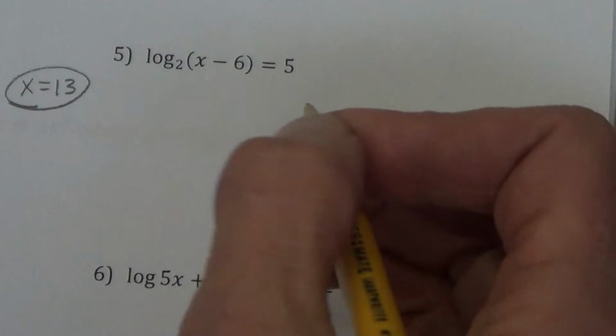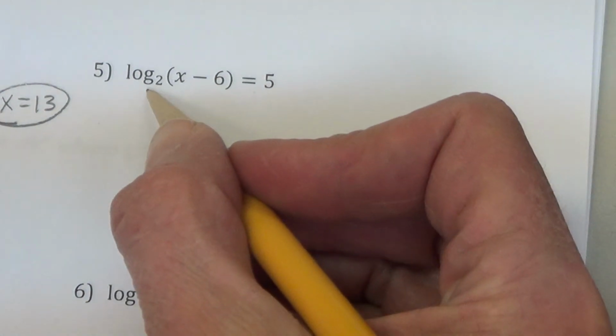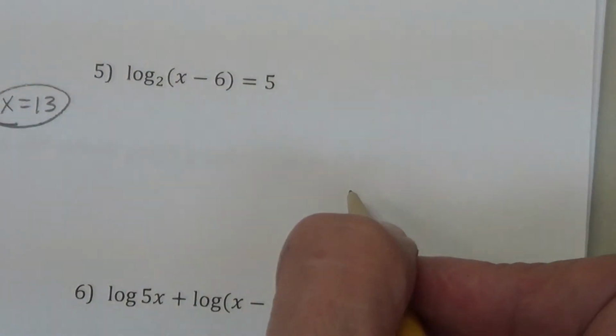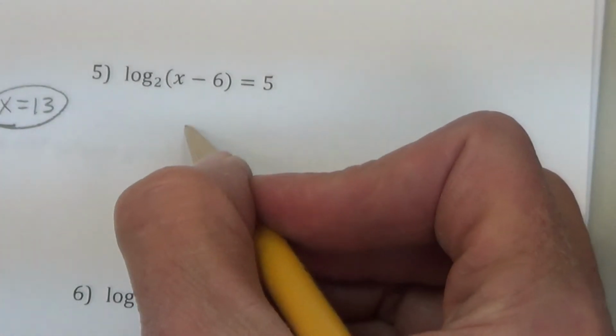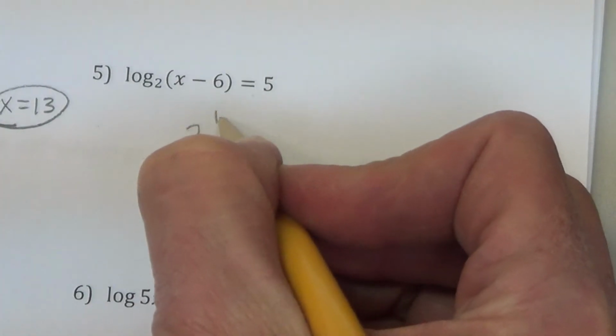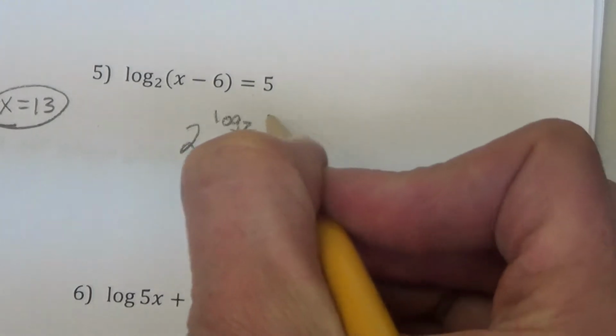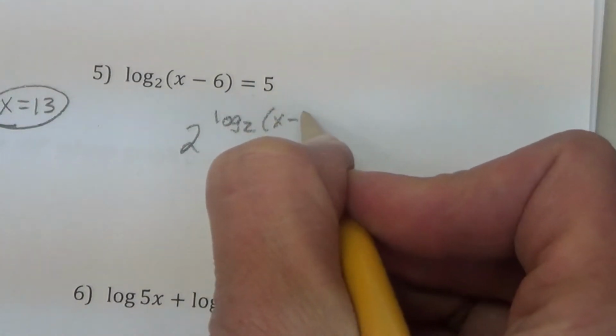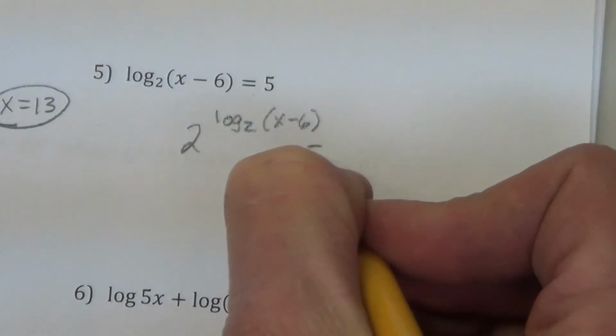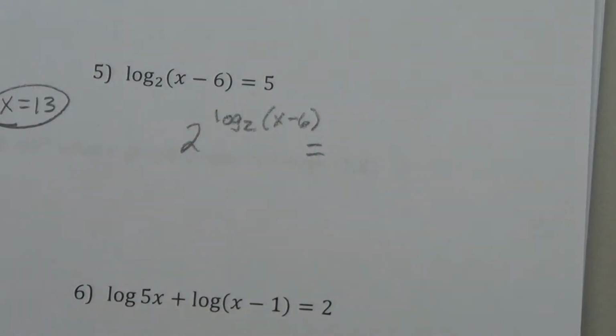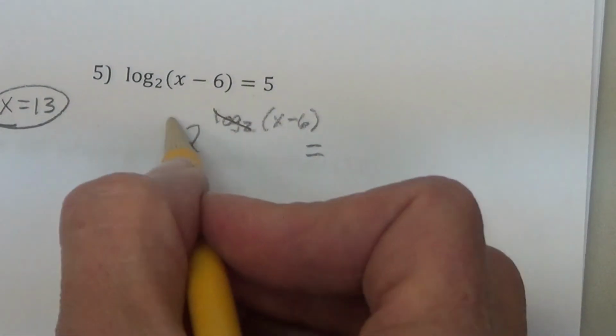Okay, here we go. How can we get rid of that log 2? Again, we can raise it as an exponent. We studied that property in a previous video, and we've talked about it in class now. So this will reduce that.